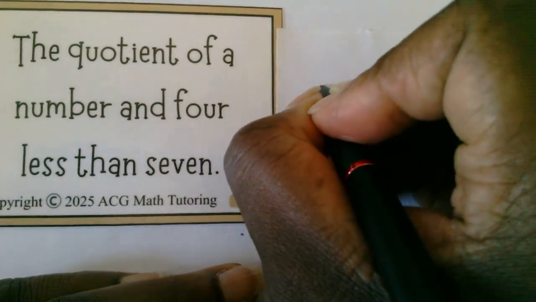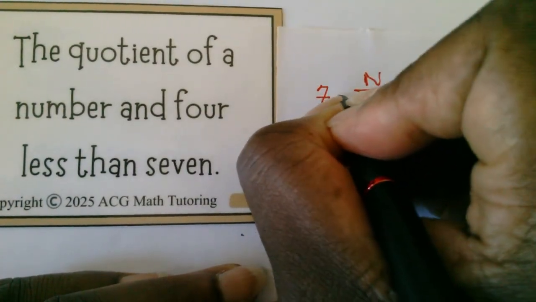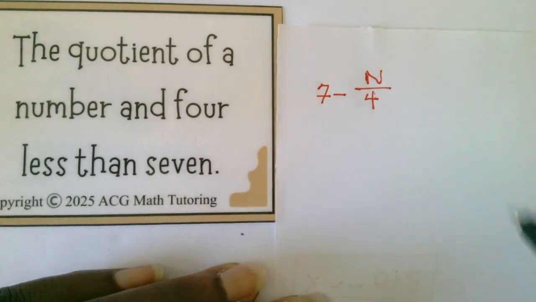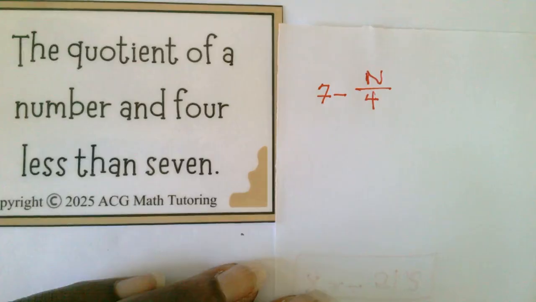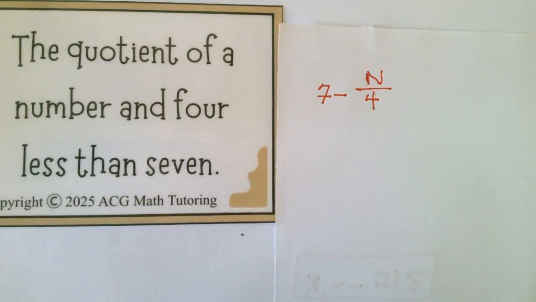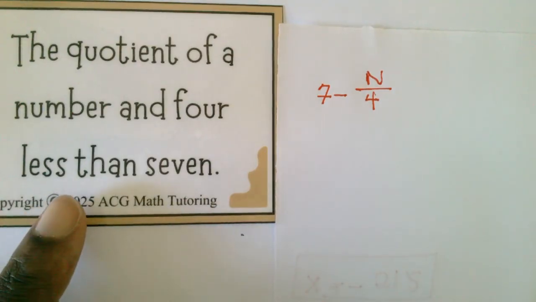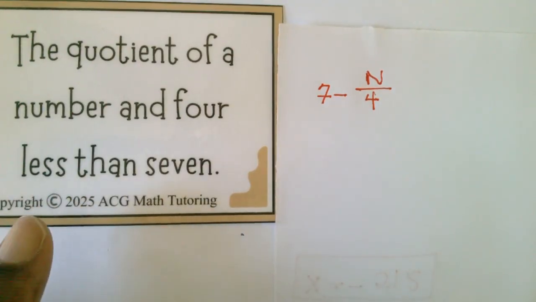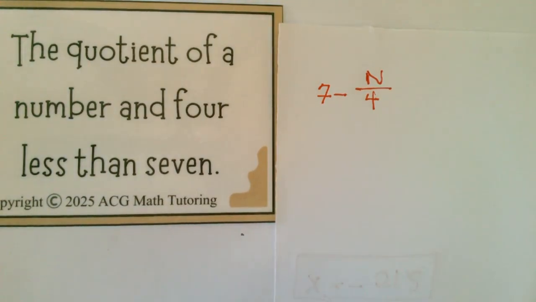So it's actually going to be 7 minus n over 4, or x over 4. Quotient is going to be your division. Less than is subtraction. If it says is less than, is more than, is greater than, those are inequalities.